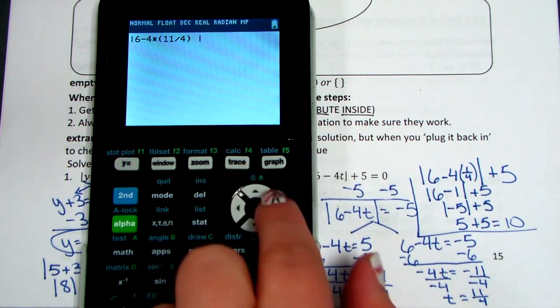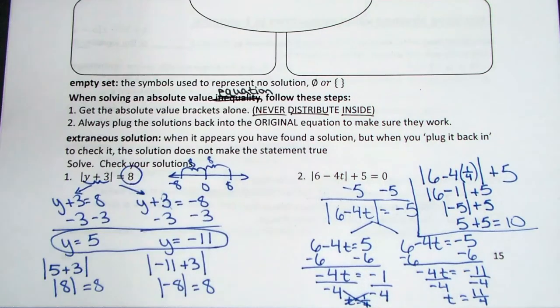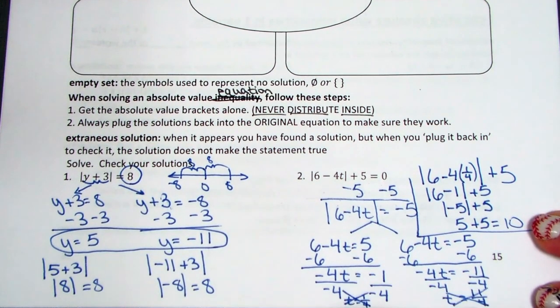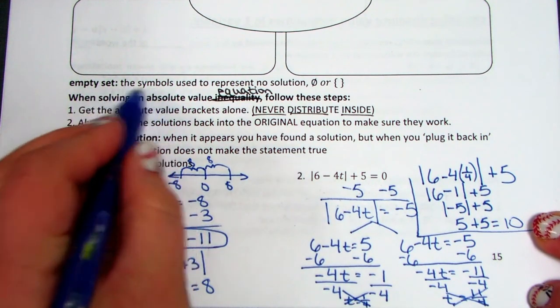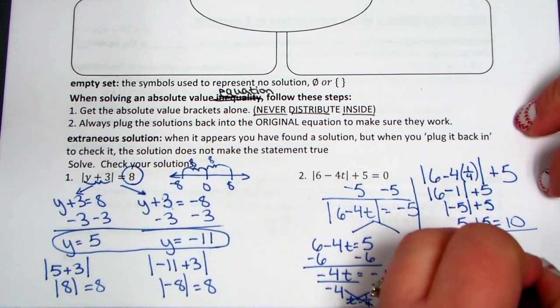So for this version of calculator, you would just press the arrow to get out of the absolute value. If you had that other version that said ABS and opened parentheses, there's where you would end your parentheses. And then press plus 5. And we can see that that equals 10. That's not the 0 that we wanted. So that means that this solution doesn't work either. Well, that's all the solutions that I came up with, which means this is an example of something that would be no solution. The answer is just an empty set.